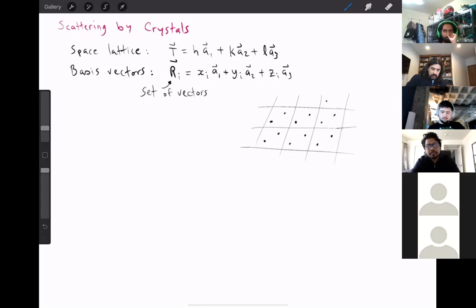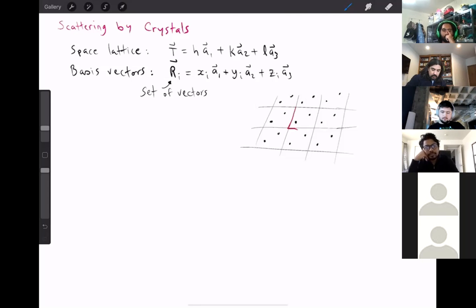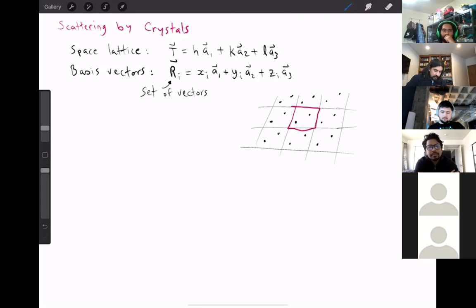So there's a unit cell. You can call one a special one that we call the origin. It doesn't have to be special, but let's say this was the origin. Then this T would be this point, this is your R1, and this atom would be your R2.